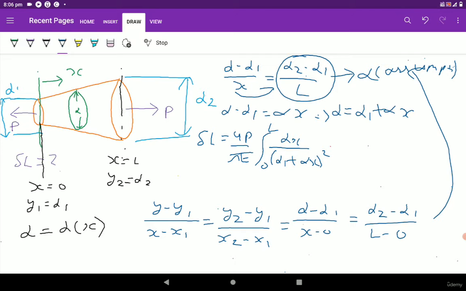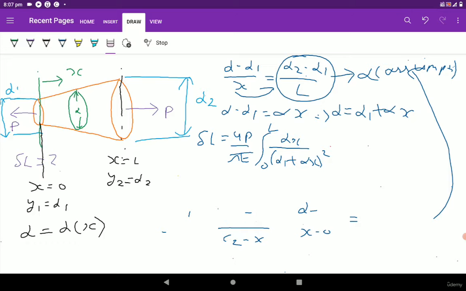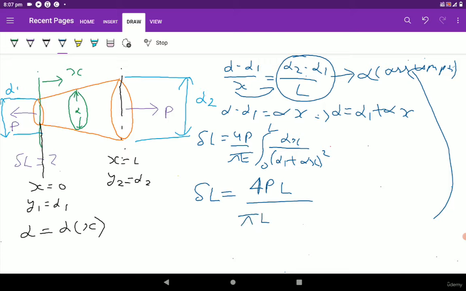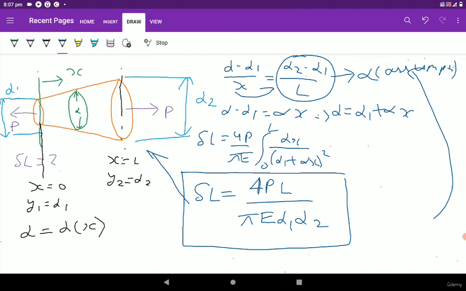After further integrating and solving, we are going to get the value of delta L. So here delta L value for this cross section will be 4PL divided by pi E d1 d2. So this is the value of change in length for this cross section.